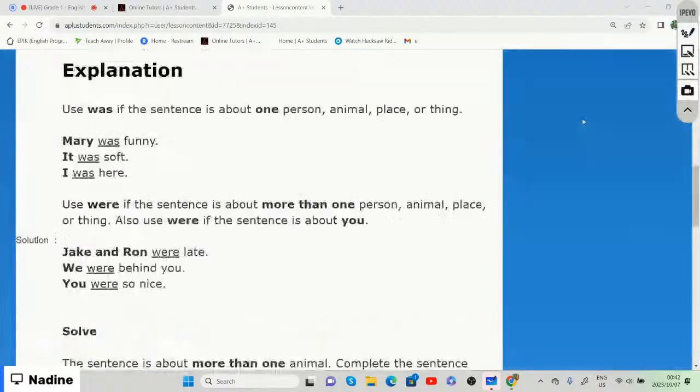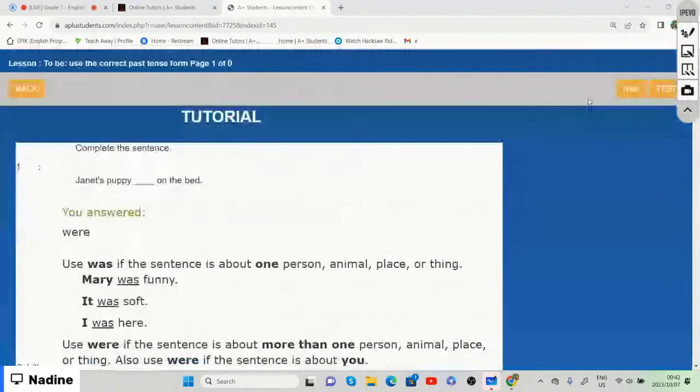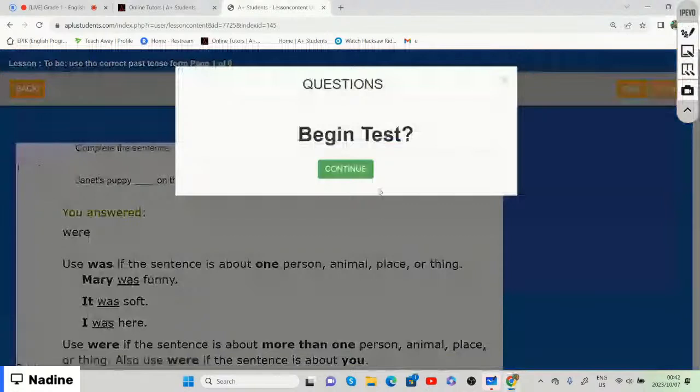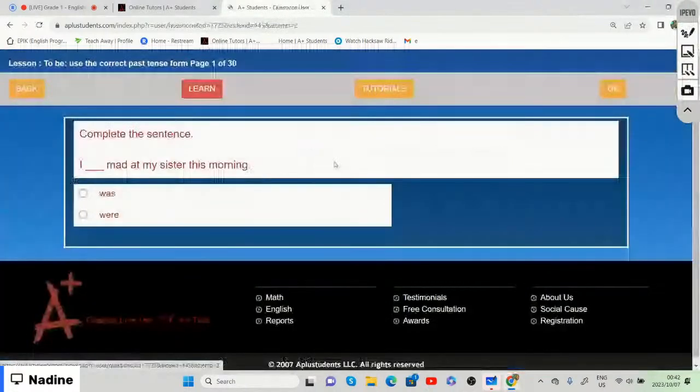All right, so now we're going on to our test, where we are using the correct past tense form. And we're going to complete this by using one of the options, either was or were. I, referring to one person.